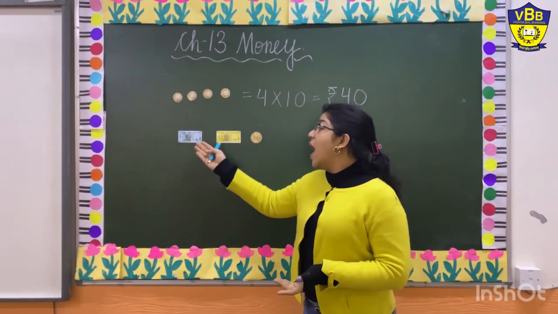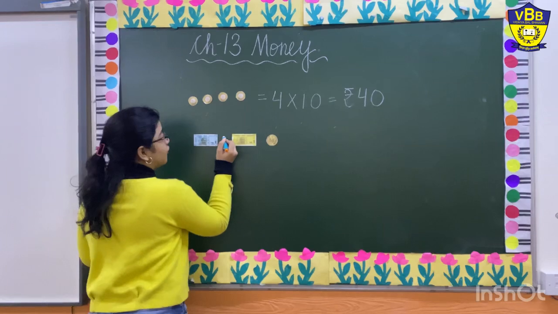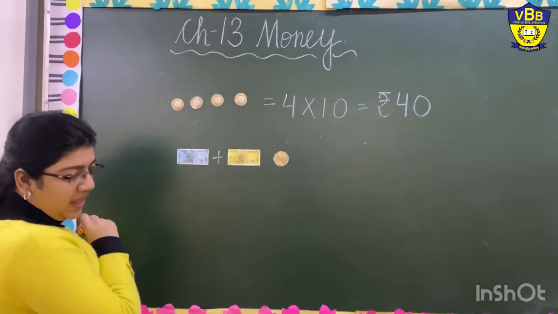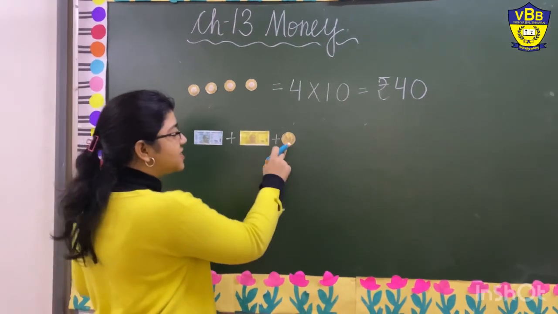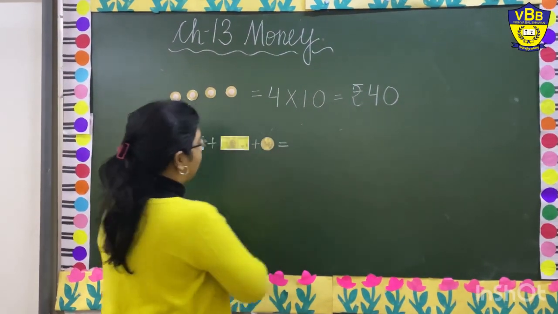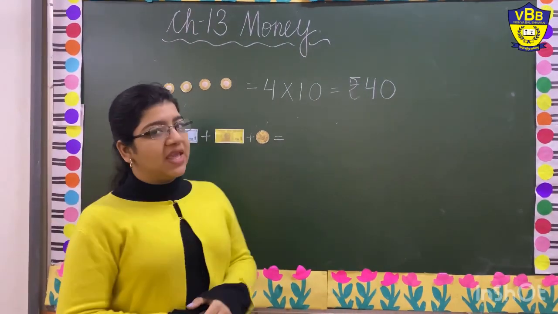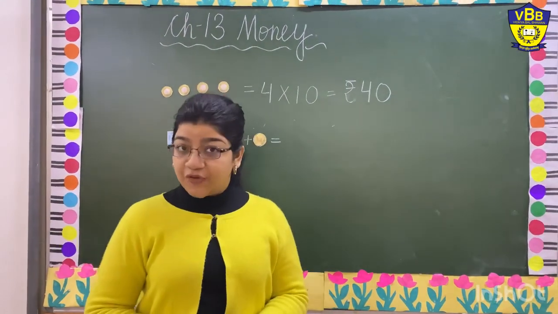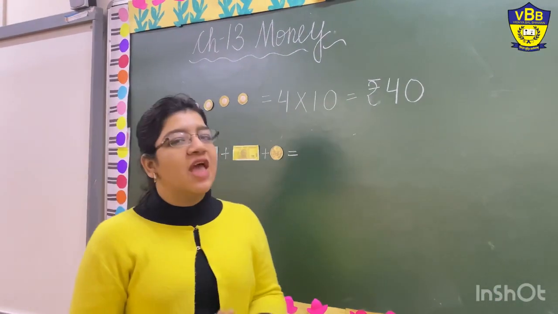We have to add them: rupees 50 plus rupees 20 with rupees 5. 50 plus 20 is, yes, 70.